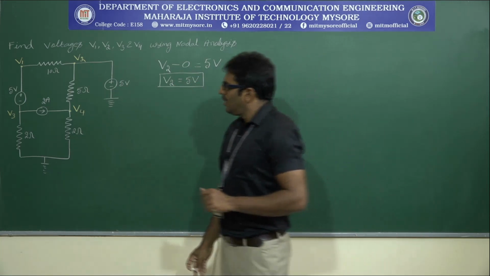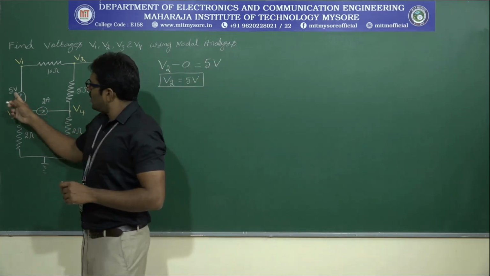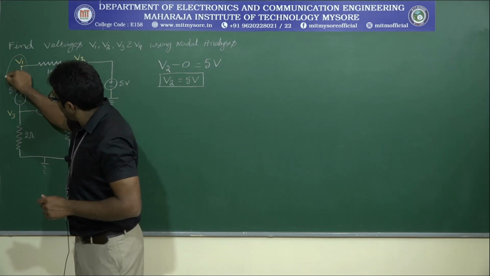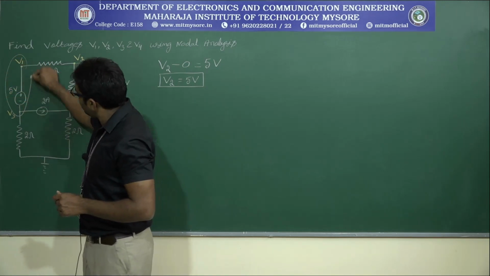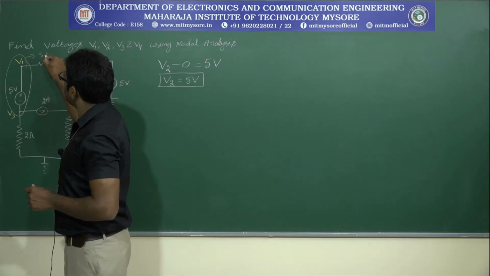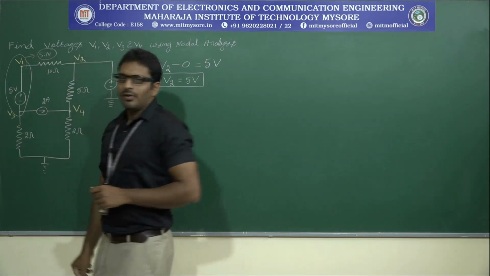Okay. Next, say this 5 volt voltage source is connected between V1 and V3. Okay. This is known as a supernode. Okay.